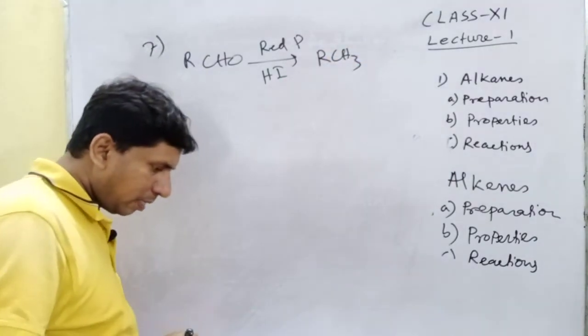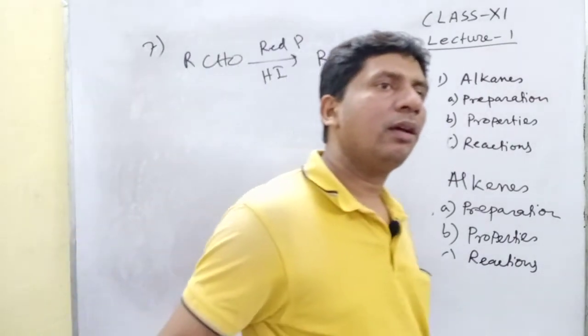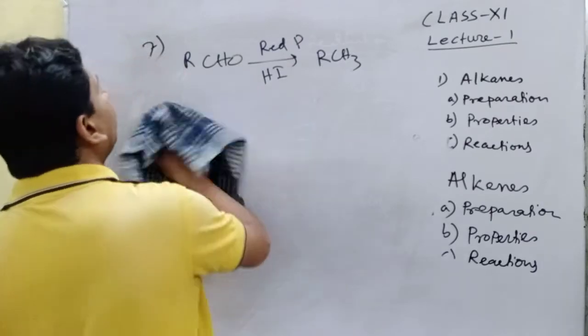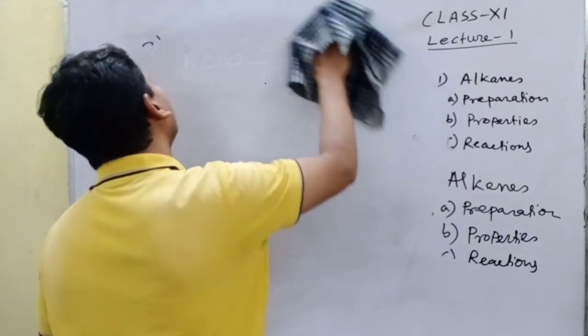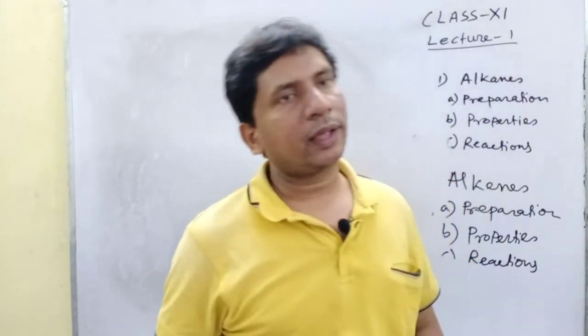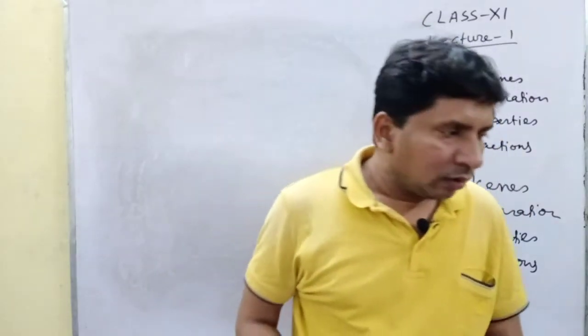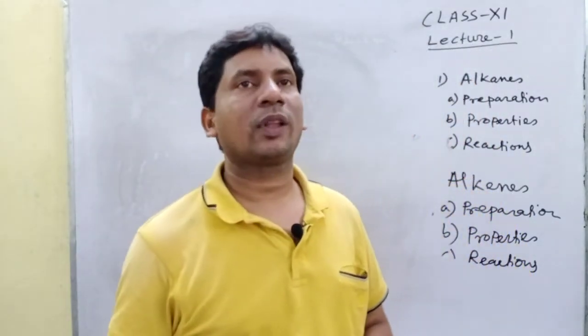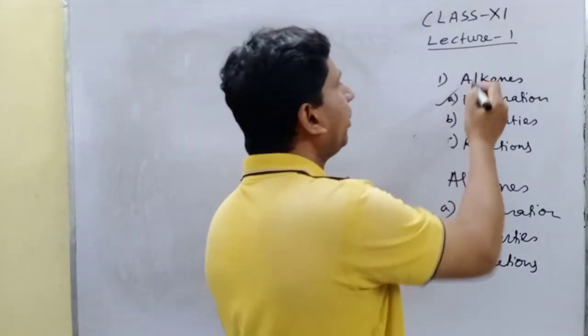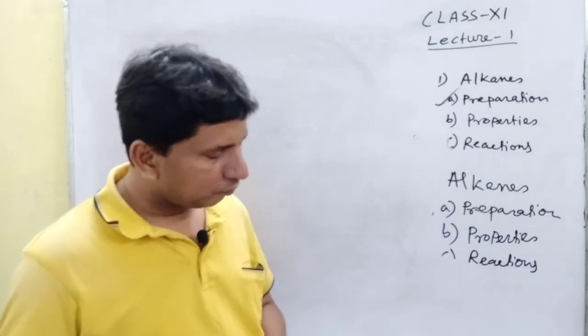So this is a very important reaction also. In the presence of red phosphorus and HI, we can get propane. So now the preparation is complete.